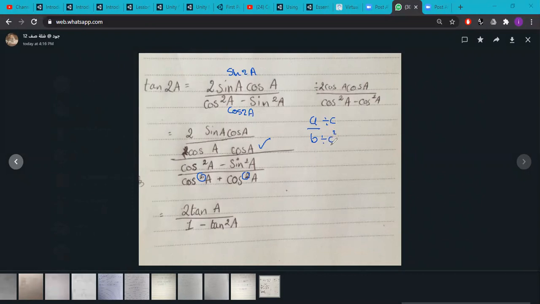For example C on top and C square on the bottom, you cannot do this. It's supposed to be the same to divide.